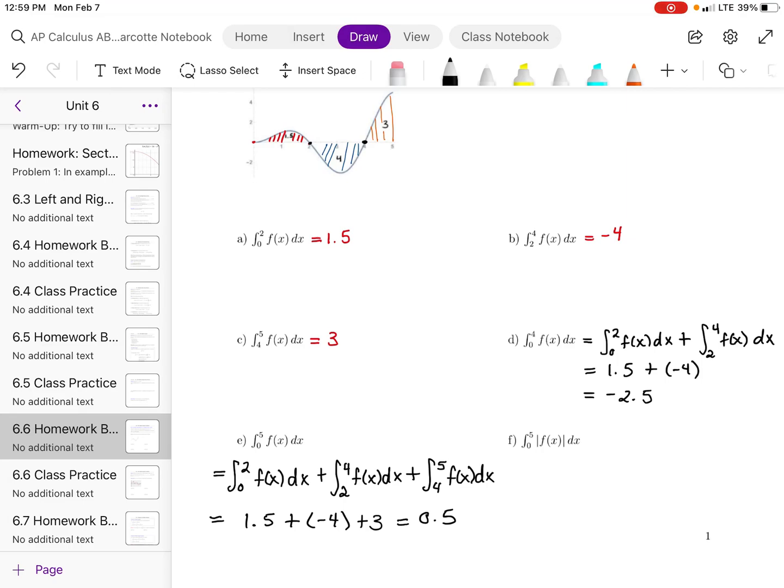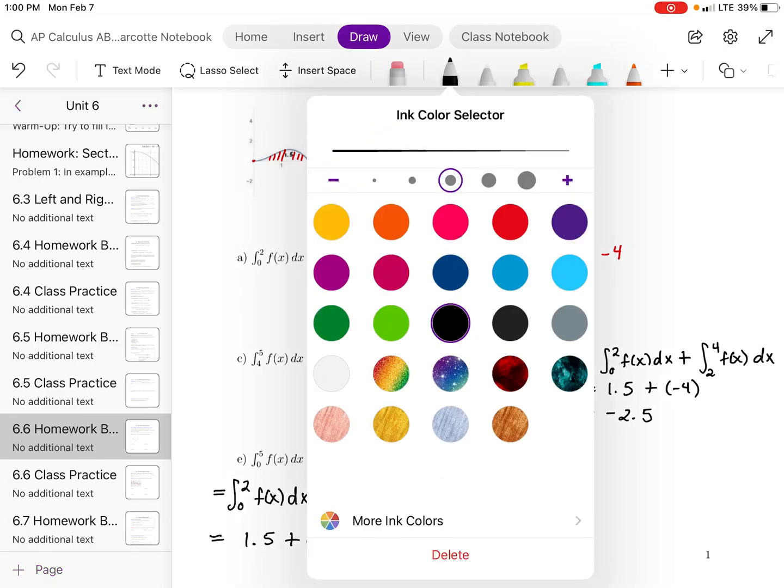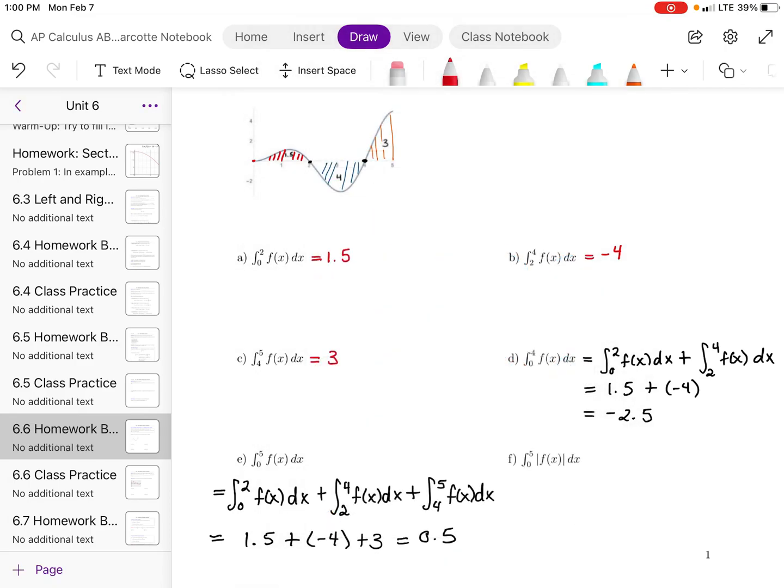So every y value is going to be positive, because anything I plug into the absolute value becomes positive. So when I look at my graph, from 0 to 2, I'm above the x-axis. But from 2 to 4, I'm below the x-axis for just the function f. However, because of this absolute value, I'm now going to be above.